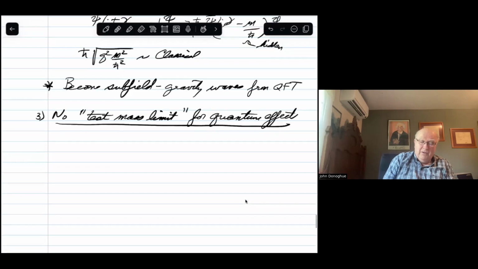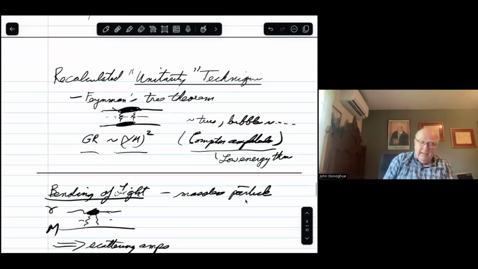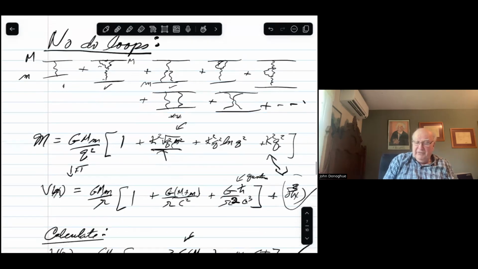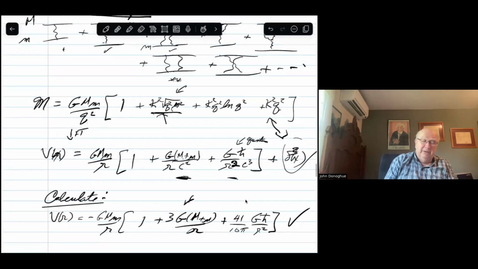We're going to go back up here and notice that the quantum effects are independent of the masses. The classical piece, if I took one mass very big and one very small, I could neglect the very small mass. But in the quantum piece, setting the mass equal to 0 doesn't do anything.